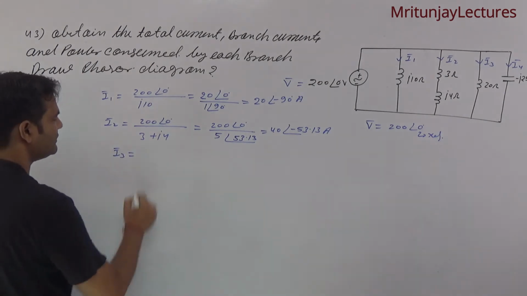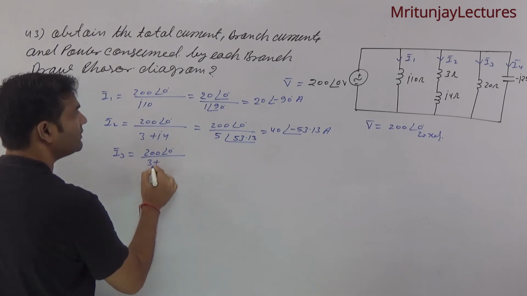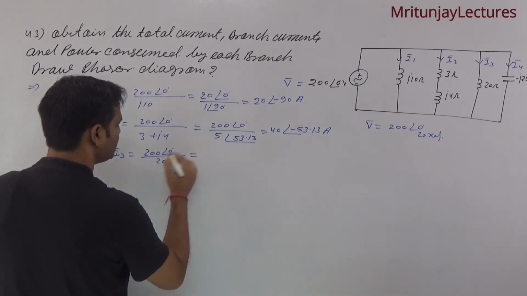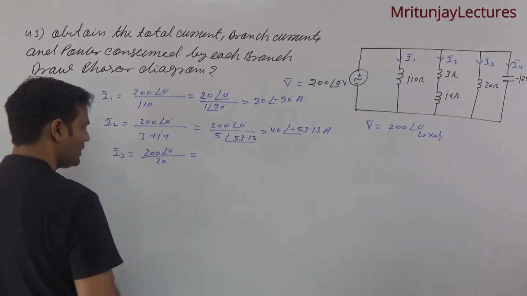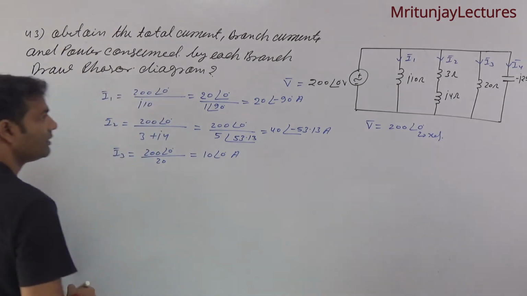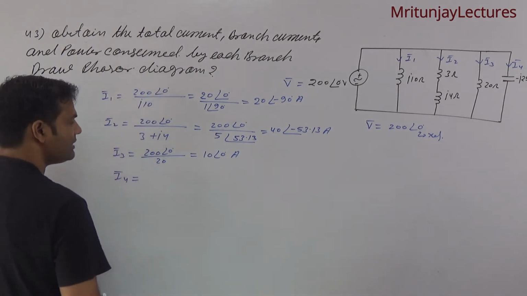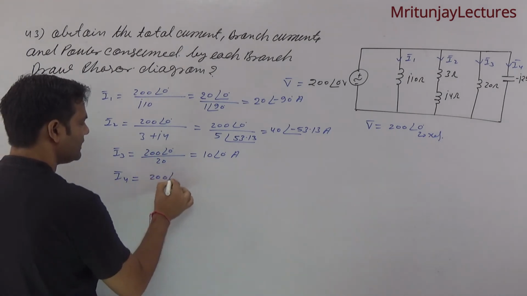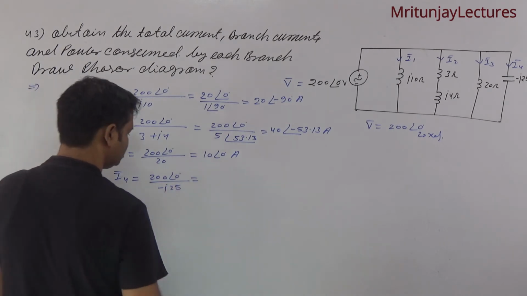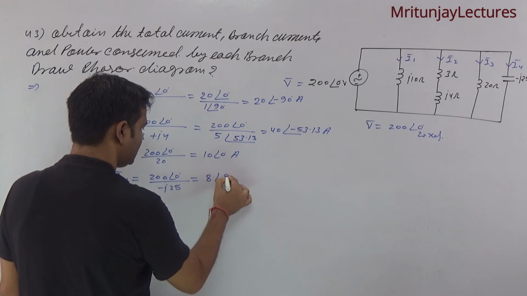And what about I3? I3 is written as 200 at the angle 0 divided by 20, simply 20 ohm, so that is 10 at the angle 0 ampere. And what about I4? I4 is 200 at the angle 0 divided by minus J25, that is 8 at the angle 90 degree.